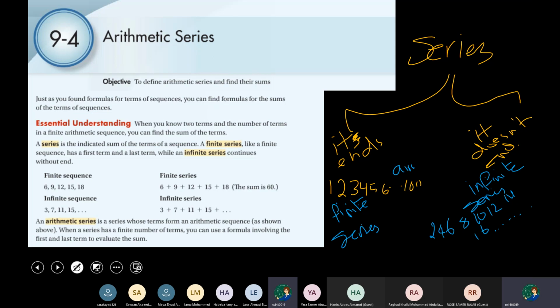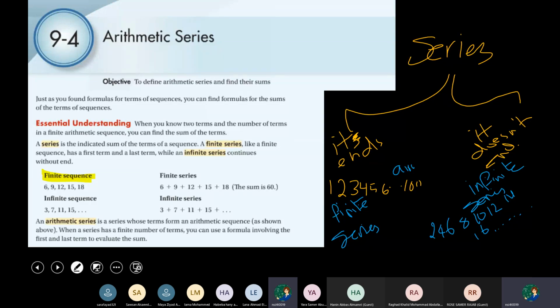Do you know what's the difference between them? Yes, the finite and the infinite, the series and the sequence. Okay. Now, let's have the finite sequence. How will it be? Look at this one here. The finite sequence is just numbers without a summation sign between them.